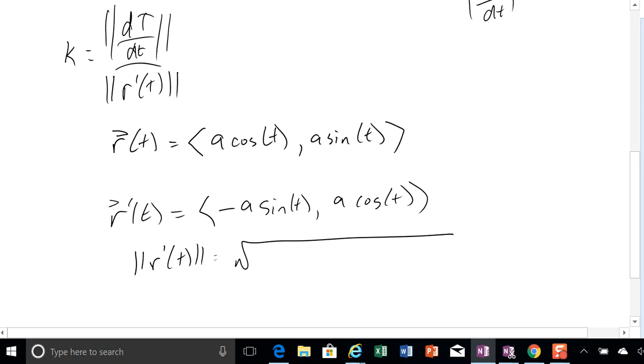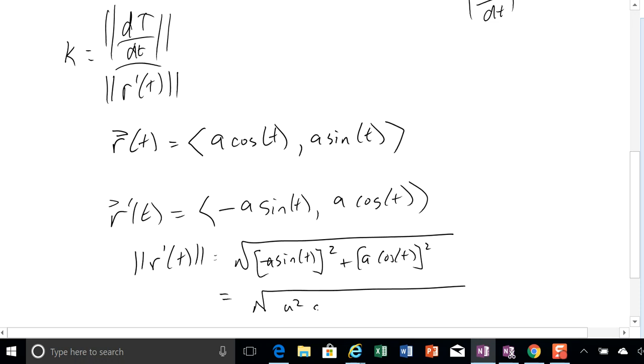That'll be the square root of minus a sine of t squared plus a cosine of t quantity squared, which is the square root of a squared sine squared t plus a squared cosine squared t.